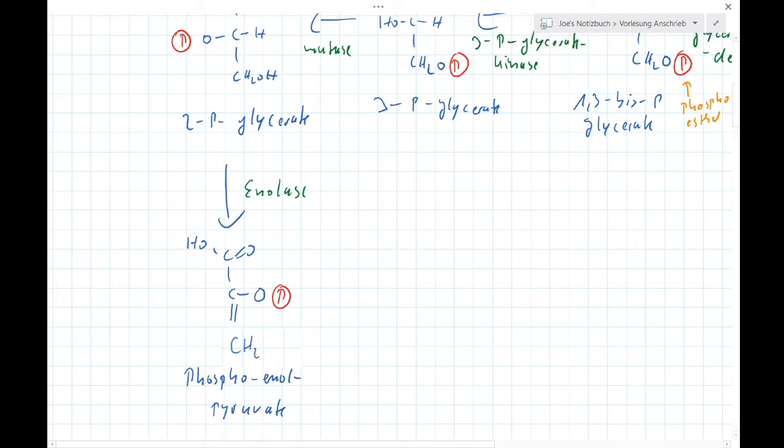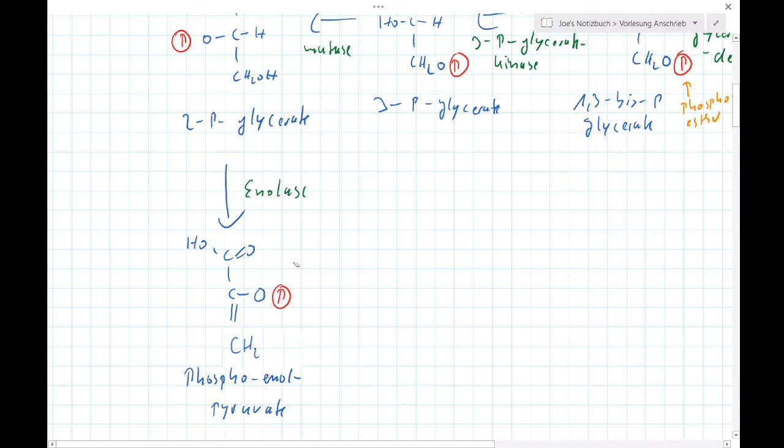Now, the next step is, if you look at this, this is not an anhydride bond. This is an ester bond. But I have told you that this is still energy rich because we have this keto-enol tautomery where we have the spontaneous rearrangement to the keto group. And by this, the energy of this bond is still high.